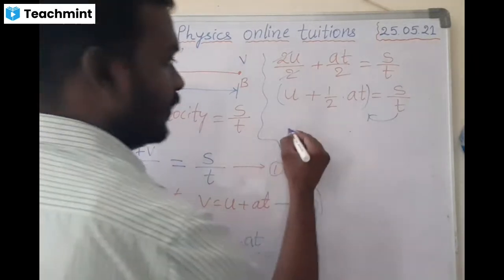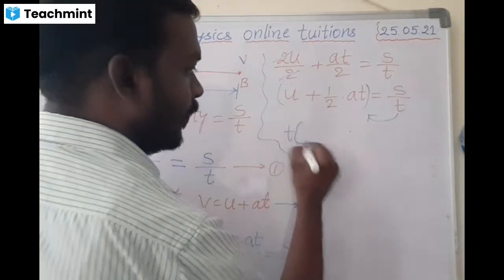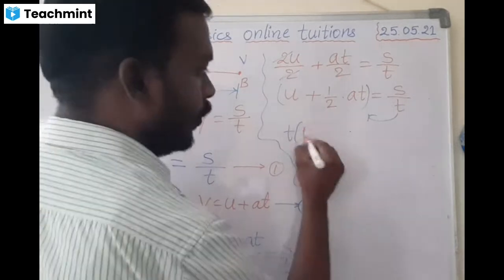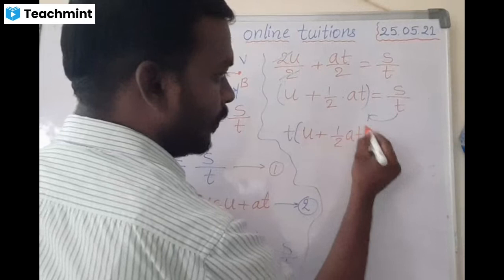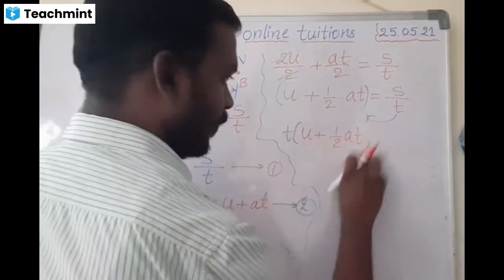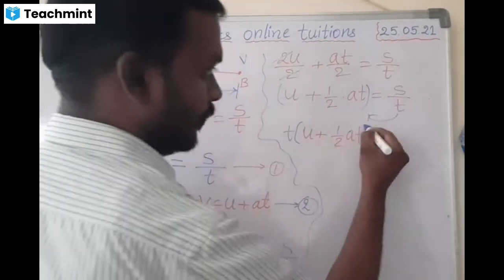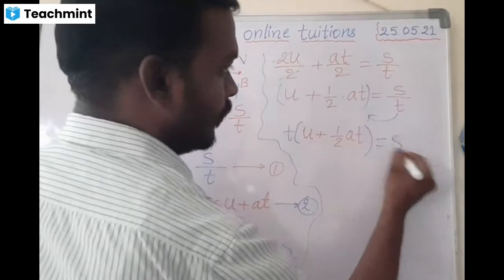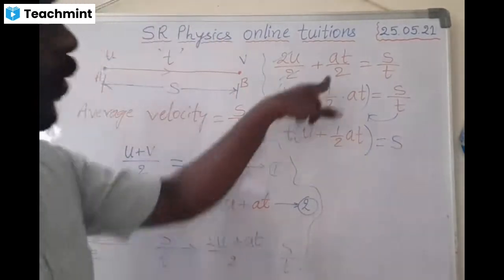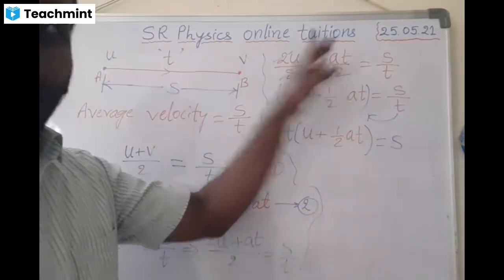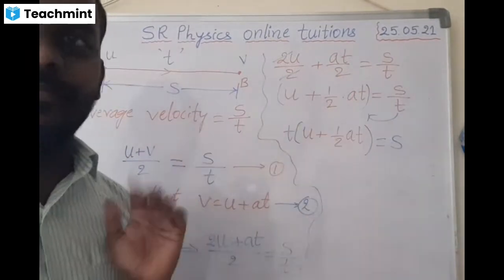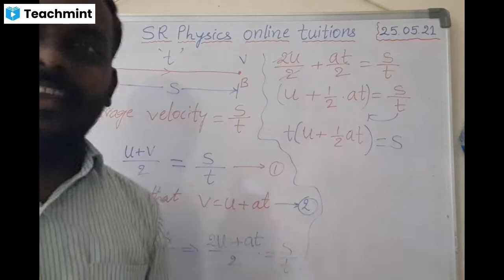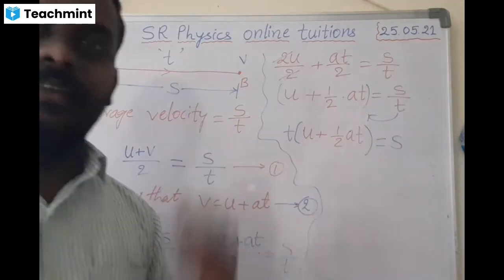So I'm taking it as T into U plus of AT. Here 2 is there in the denominator. I'm writing it separately, just to pronounce it very easily, I'm taking it separately at the end.